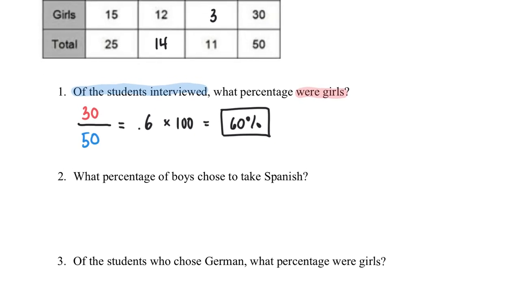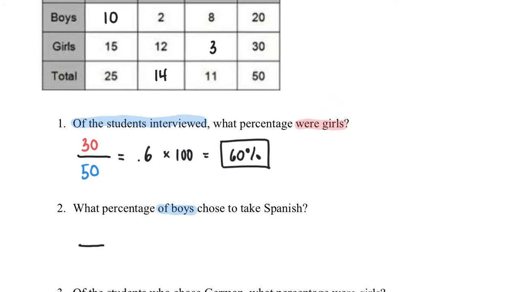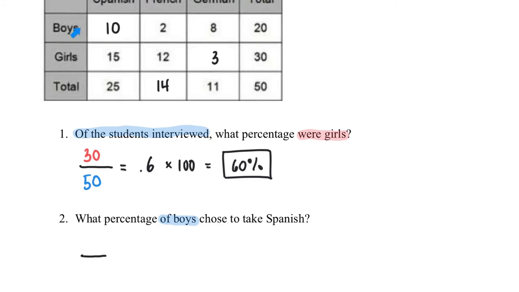Okay. What percentage of boys chose to take Spanish? All right, so I'm going to start with my fraction. What percentage of boys? So there's my total of boys. So if I look up at my table, how many boys did I have? I had 20.